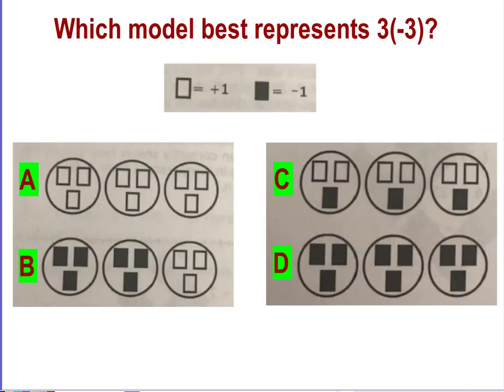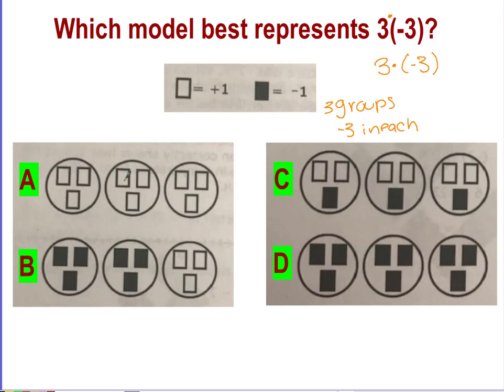Okay, so which model best represents 3 times -3? Remember, if there's nothing inside, it means multiplication. Okay, so white is positive, black is negative. So I need 3 groups of -3 in each. Where do I see 3 groups of negative 3's in each?